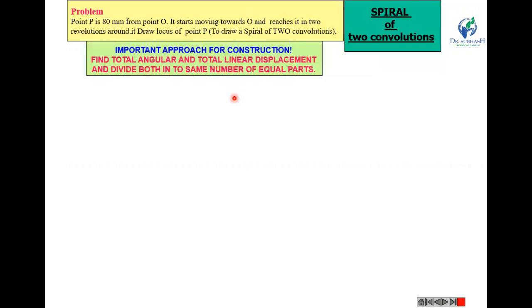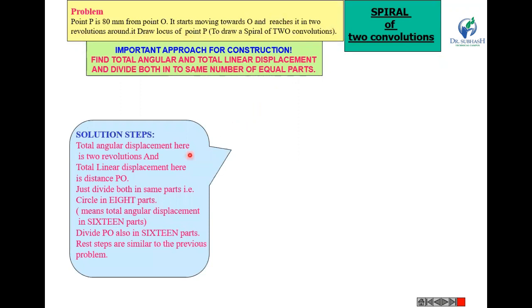Okay. So find total angular and total linear displacement and divide both into the same number of equal parts. The different steps are given here. Okay, so total angular displacement here is 2 revolutions and total linear displacement here is distance PO.